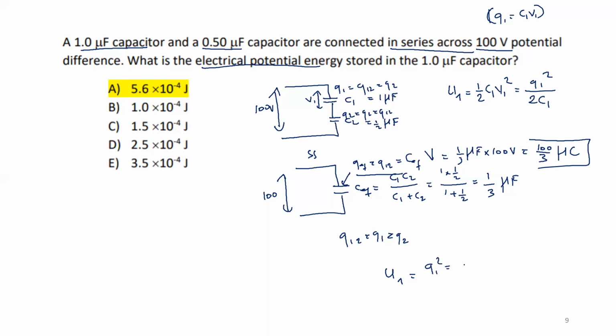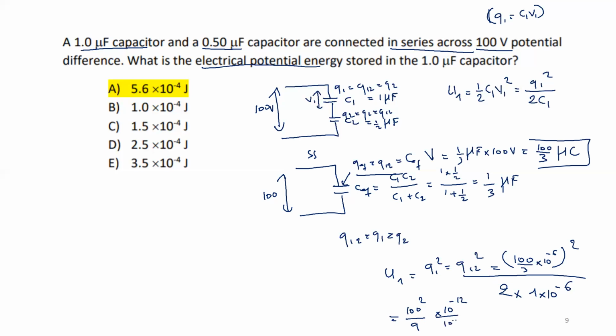So Q1 squared, which is Q12 squared, which is 100 divided by 3 times 10 to the power minus 6, squared, divided by 2 times C1. C1 is 1 microfarad, 1 times 10 to the power minus 6. I put it in SI units because I want it in joule. So this gives you 100 squared divided by 9, 10 to the power minus 12 divided by 10 to the power minus 6.